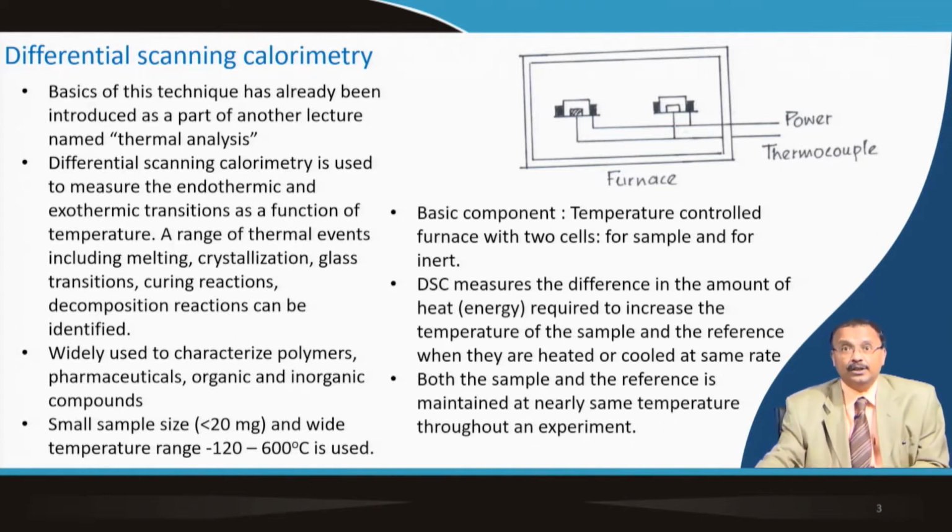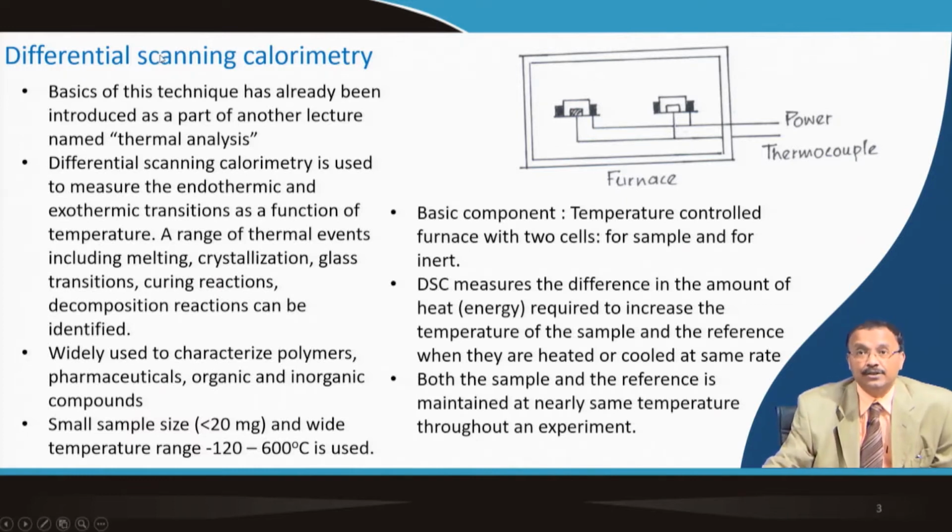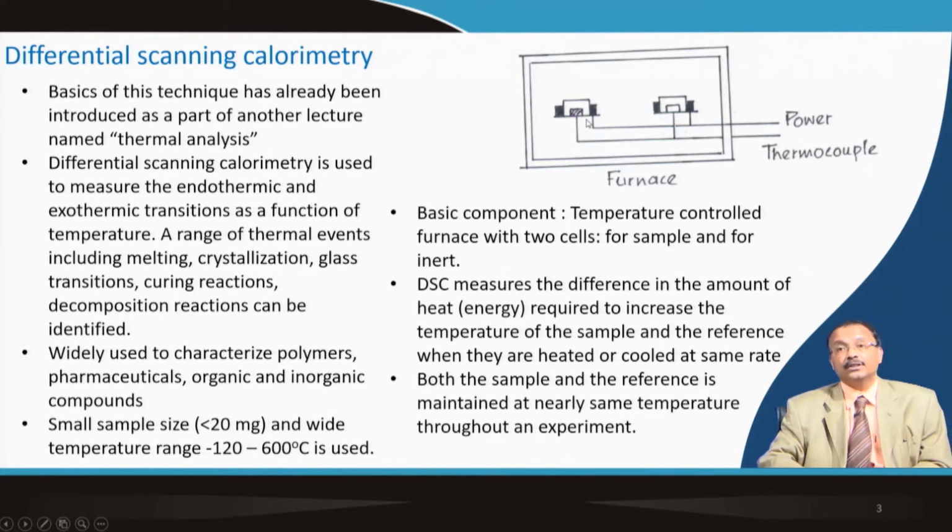So, the basic component of the DSC is a temperature controlled furnace with two cells. One is for the sample, another is for the inert reference, and why the inert reference is required along with the sample, I have already described in my earlier lecture.